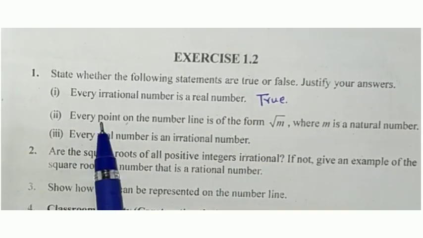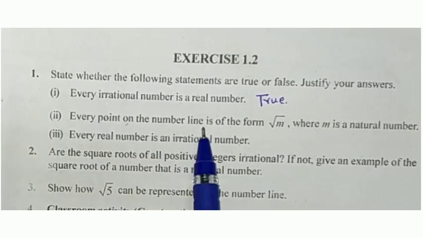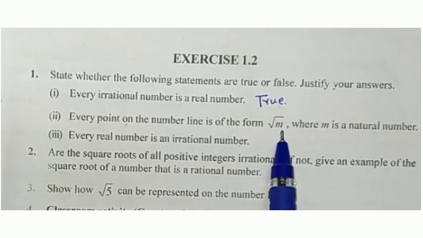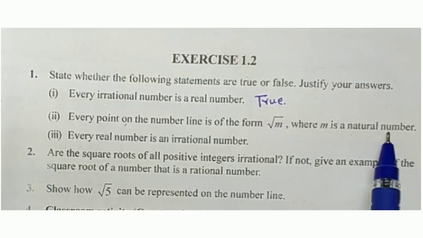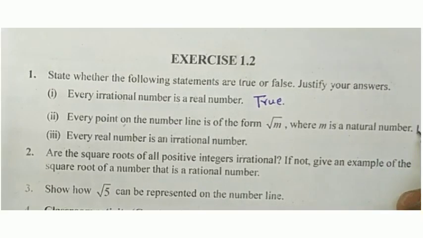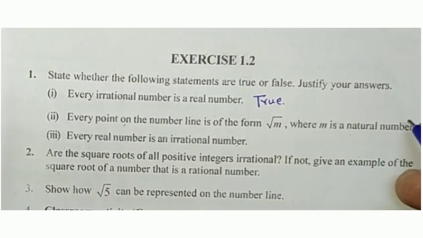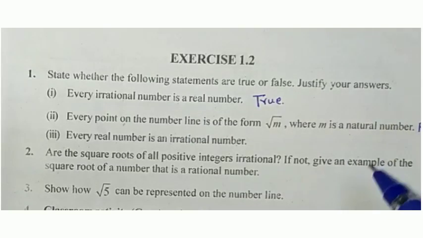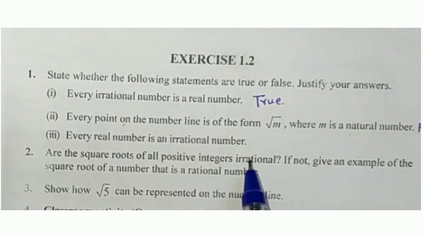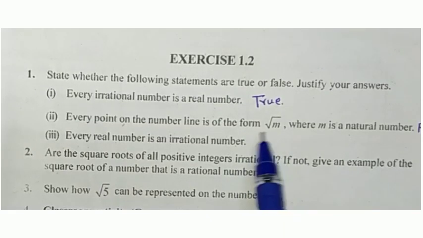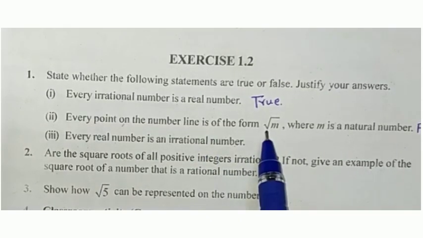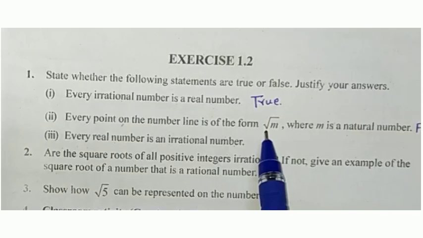Second one: every point on the number line is of the form root m, where m is a natural number. It is false, because there are numbers which we can't represent in the form of root m.